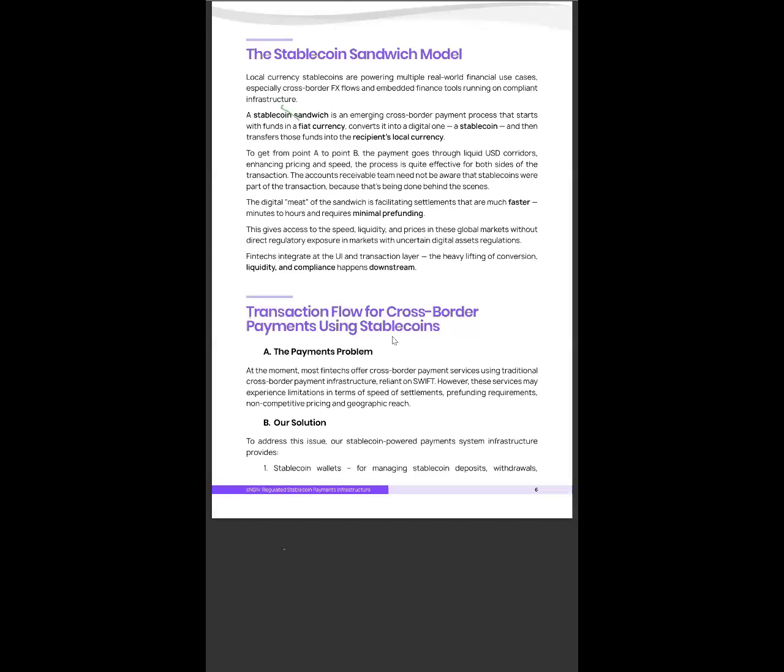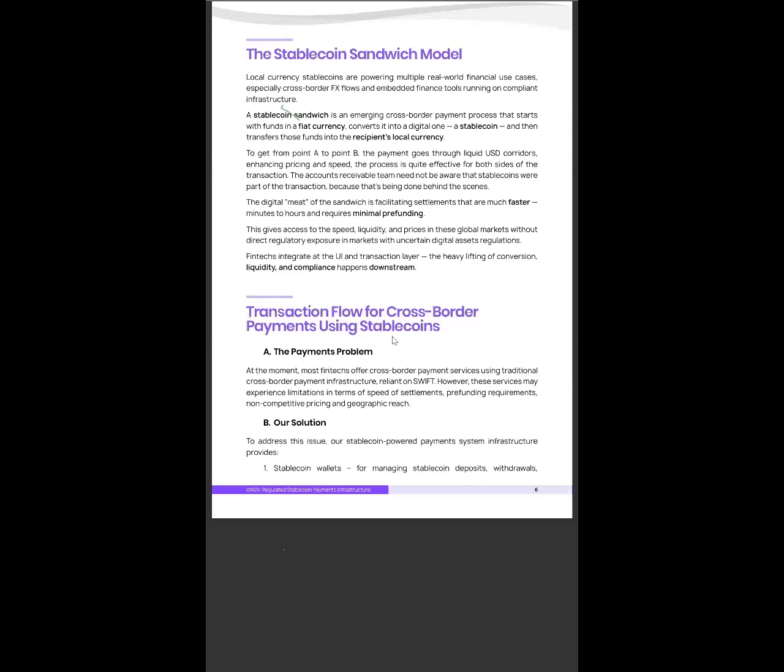So it's basically a cross-border payment process that starts with funding in local currency, like the naira or like the dollar in America, and then it converts that dollar into USDT, right, which is a stablecoin, and then it converts that USDT into cNGN, for example, and then allows you to pay your users in Nigeria, if that makes sense.